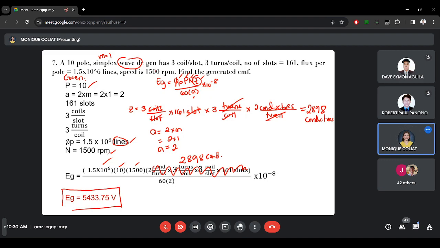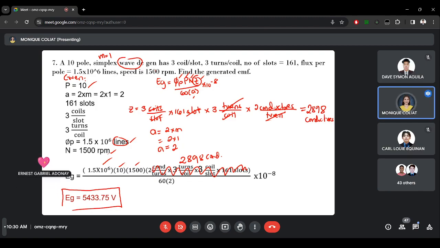Megawatt. So, balik tayo dun sa ating discussion, yung ating unit generated per annum, ay average load in kilowatts.